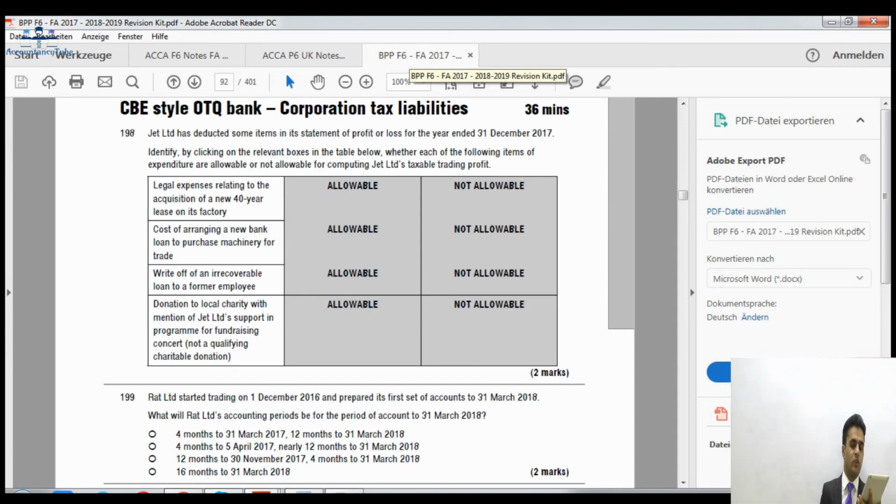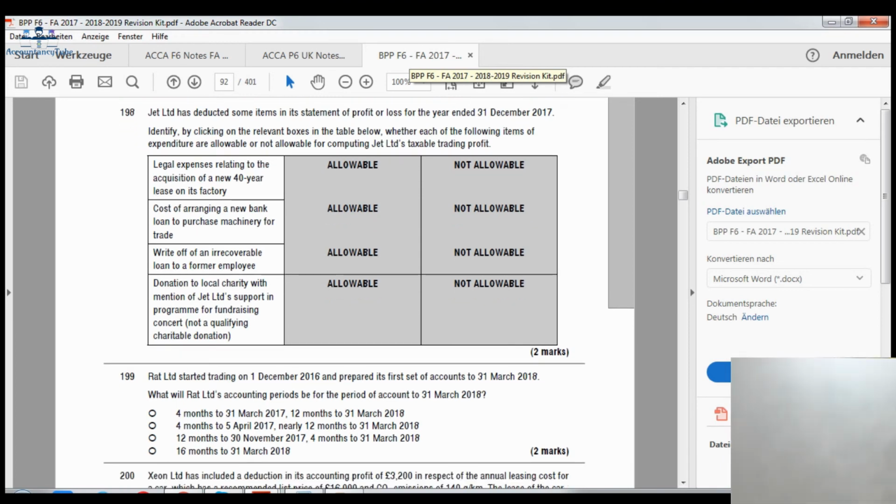Interest income will be in the period to which it relates. Property income as well, and capital gains will be in the period in which the asset was sold, and charitable donations will be deducted from the period in which we have paid them. All right. So that's how we put the incomes in the relevant accounting periods.